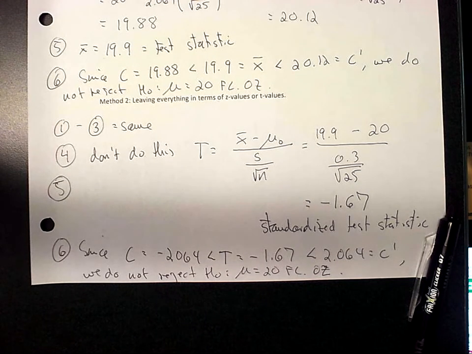Which, again, all I'm saying here is that our T value is in between our two critical values.